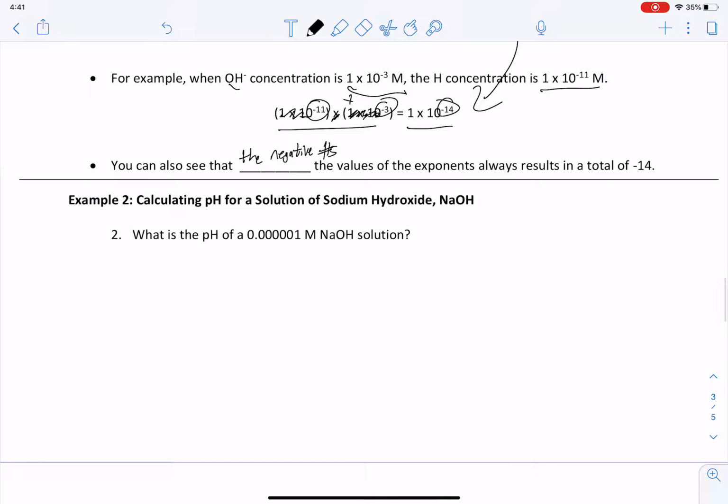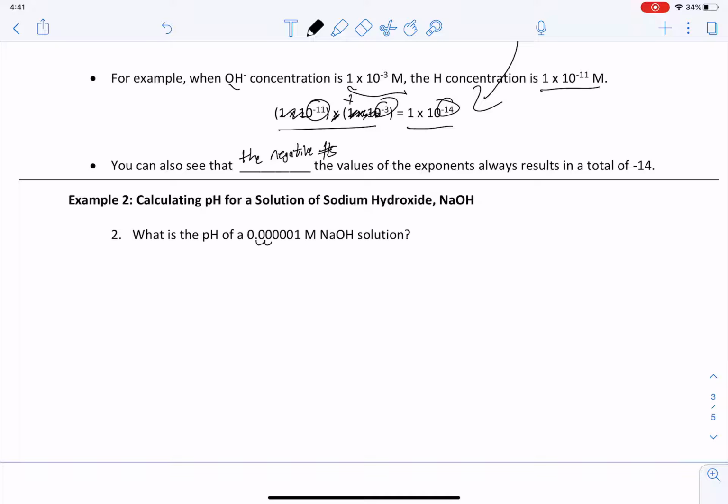All right, so that leads us to our last example, calculating pH for a solution of sodium hydroxide. For this, we have: what is the pH of a 0.000001 molar sodium hydroxide solution? We want to first find out what number this is.